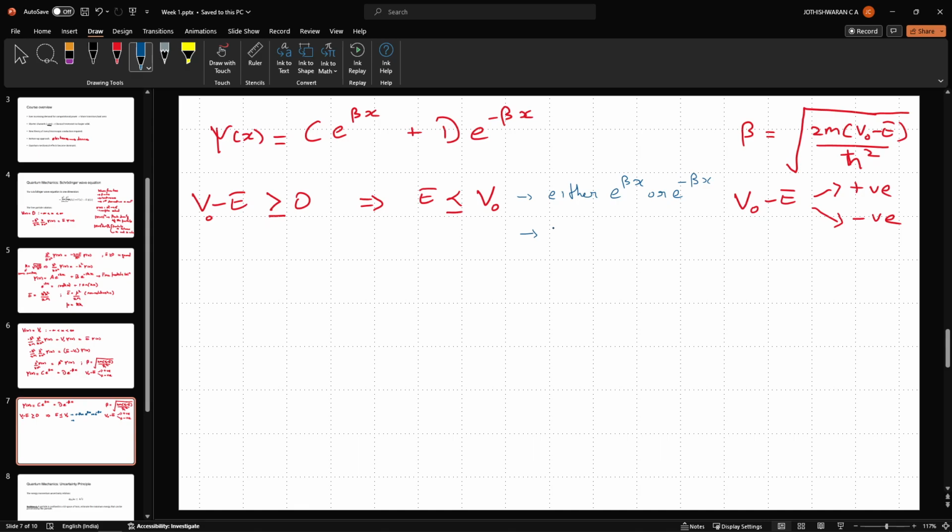That implies the wave function will always have a decaying trend. This implies as x tends to infinity, ψ(x) tends to 0.